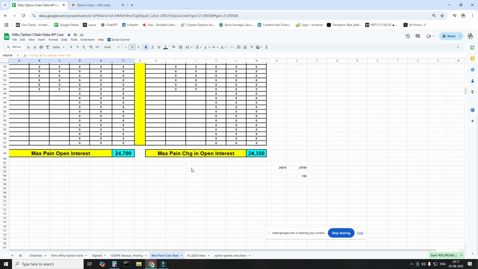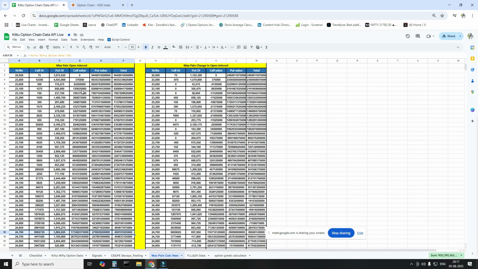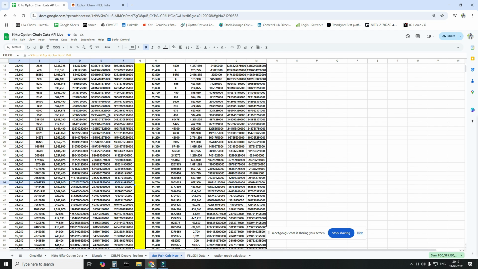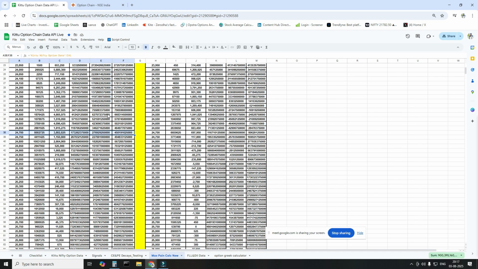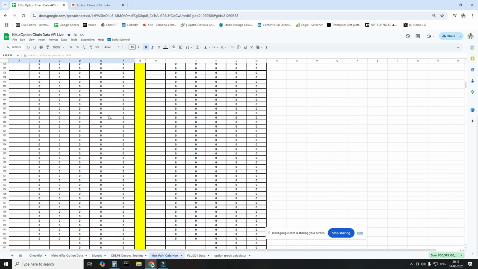Most of the time, max pain means the price at which the highest amount of option value expires worthless by the end of this particular expiry. So we are going to give you the call value, put value and total value. We will calculate all the values and see who will be losing the most money in these areas.